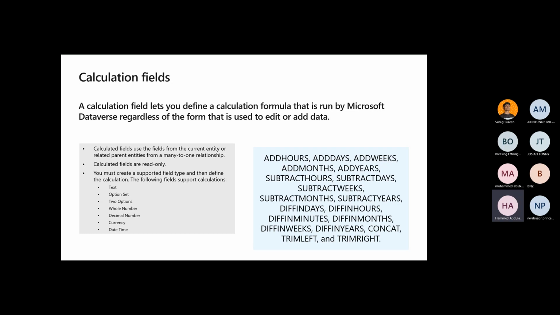It also allows you to improve data integrity, right? Simplify form development. These are the types that are supported: text, option set, two options, and all of that. As you can see here on the right side, you can add a number of days, weeks, and all of that.